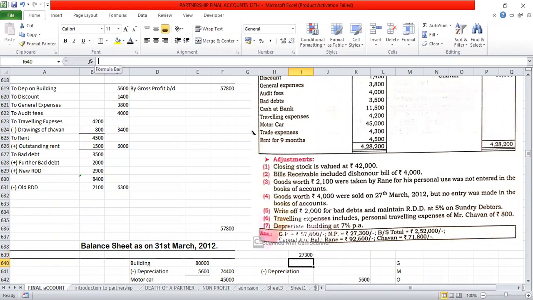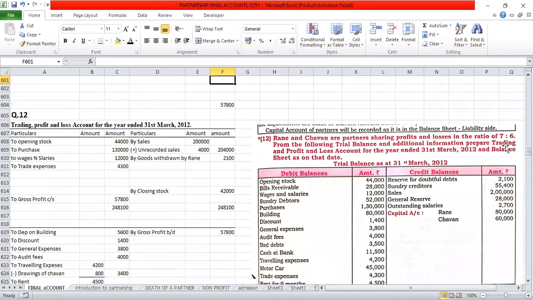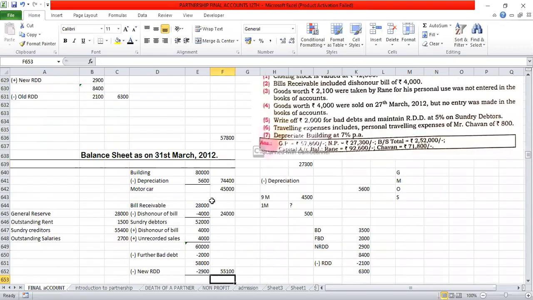27,300, correct. In which ratio do we have to divide it? What is the ratio? 7:6. Let us calculate. 27,300, 7 plus 6 is 13. First divide by 13: that is 2,100.